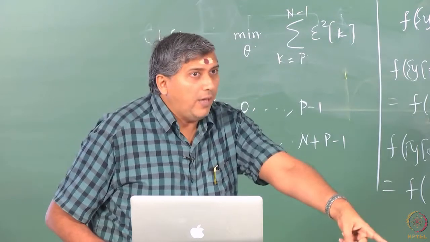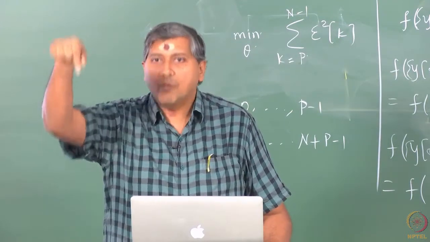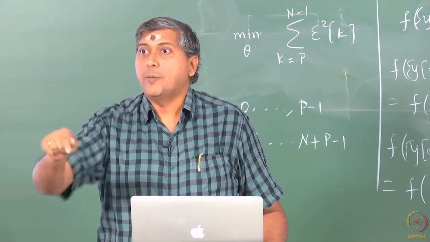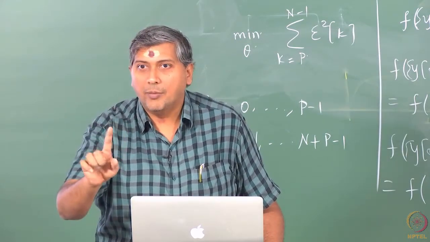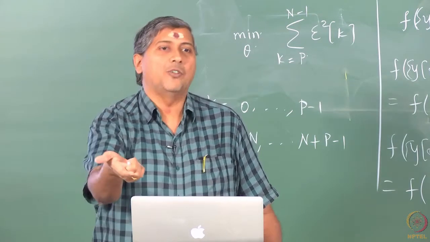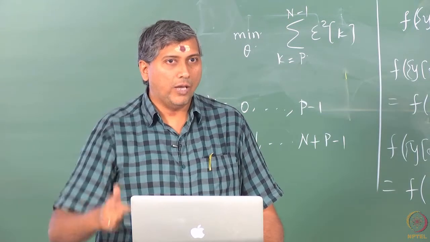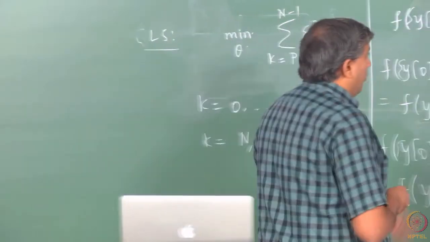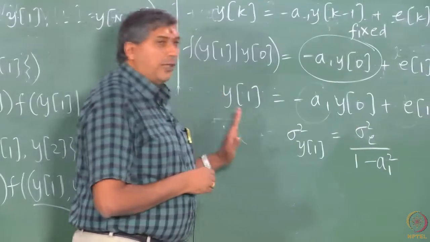But if we give you a past observation, the uncertainty in y1 should come down. That means there is predictability. If it does not come down, if it remains the same, then there is no predictability.